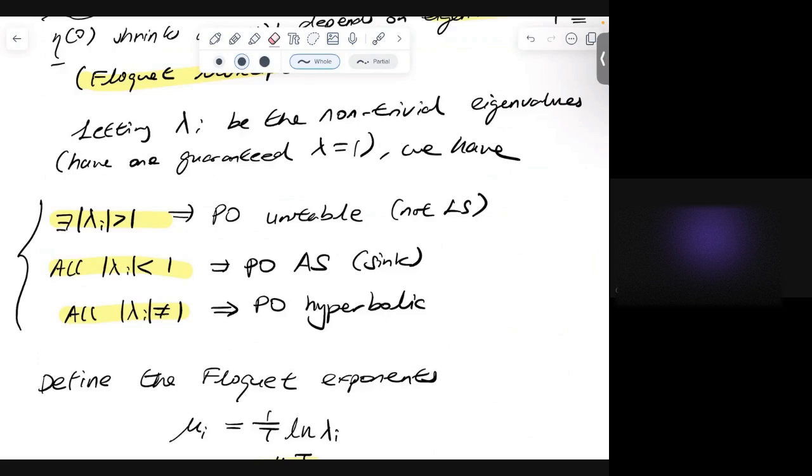If all of the eigenvalues have modulus less than 1, then the PO is asymptotically stable. And if all of the eigenvalues are not equal to 1, then the PO is hyperbolic. By not equal to 1, I mean if the first two already don't hold.